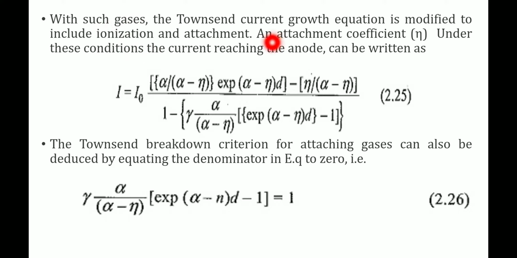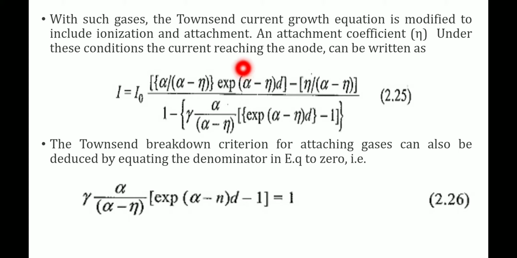So as we are already familiar with how we represent the Townsend's primary ionization coefficient, symbolically that is alpha, right? Townsend's primary ionization coefficient is represented by alpha, and Townsend's secondary ionization coefficient is represented by gamma.